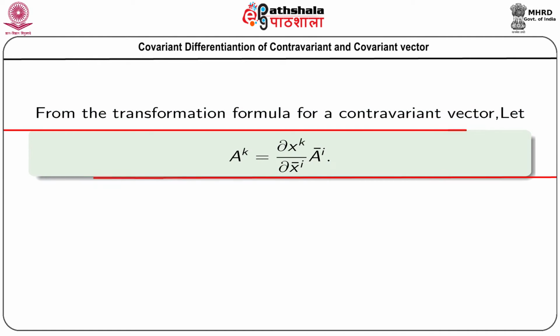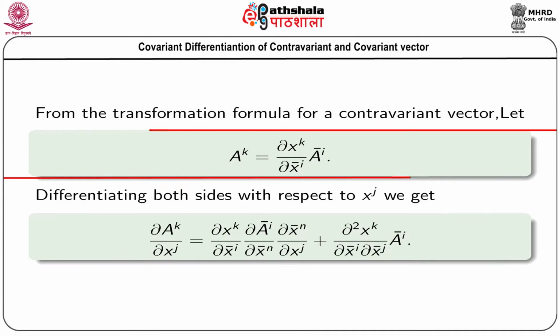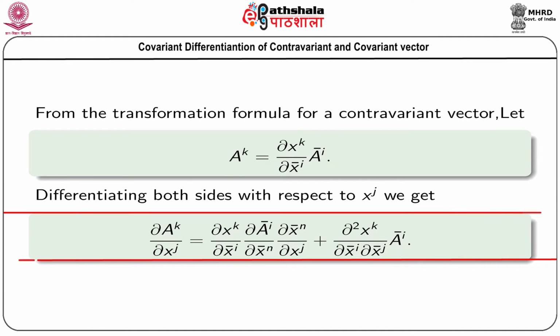Now, differentiating partially both sides with respect to x^j, we get ∂a^k/∂x^j equals ∂x^k/∂x̄^i ∂ā^i/∂x̄^n ∂x̄^n/∂x^j, the chain rule is applied here, plus ∂²x^k/∂x̄^i∂x̄^j ā^i.